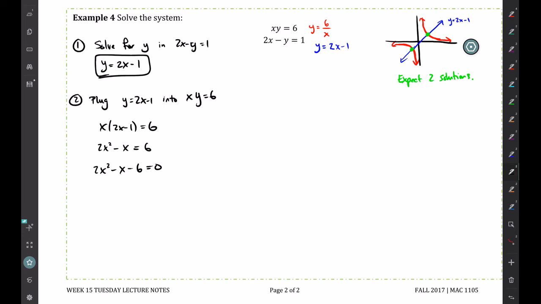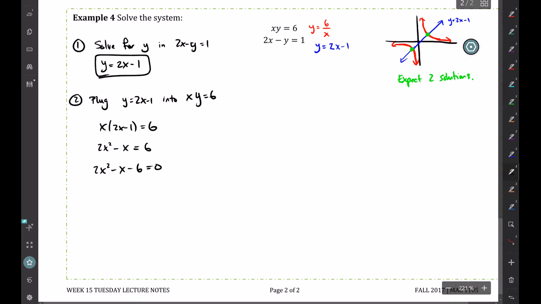And now I can either try to factor that, or I can use the quadratic formula. I think I can factor it, and what I'm going to do is look at all the things that would multiply to give me 6. Let's see, I can do 1 and 6, I could do 2 and 3, and that's it, right? And so now I'm looking for things that will add up to give me negative x there in the middle.